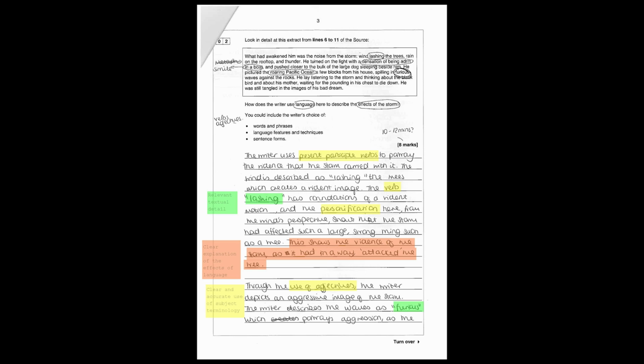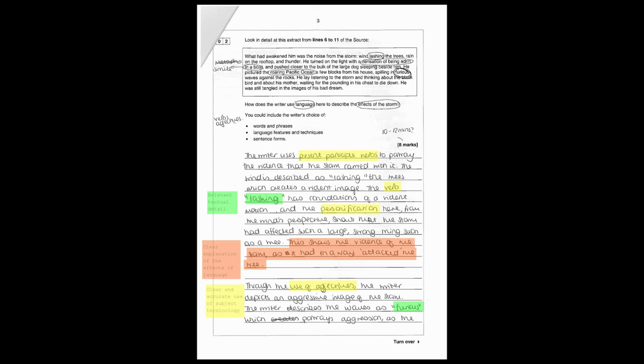And from there you can see that they've made 2 analytical points. The words have connotations, so they suggest dangerous animals that would be feared, for example, lions. And another one has done this to make the storm seem dangerous and that it should be feared.